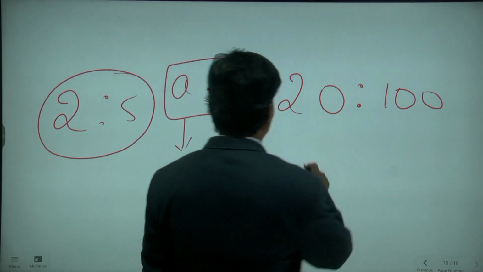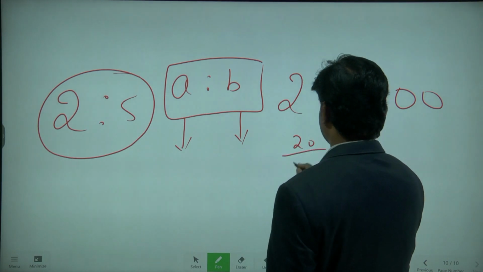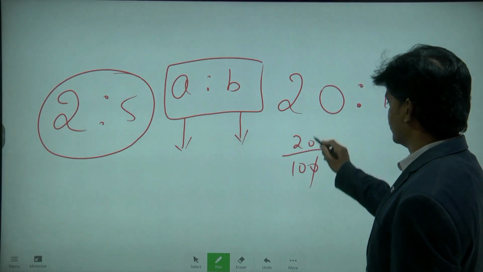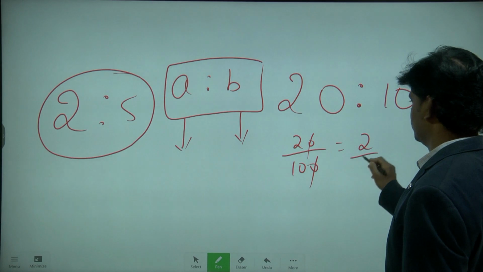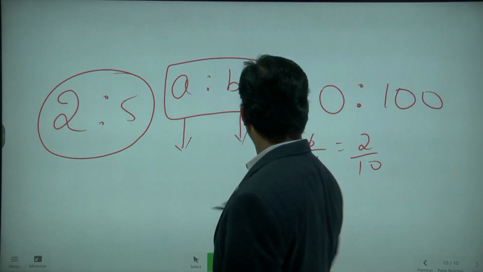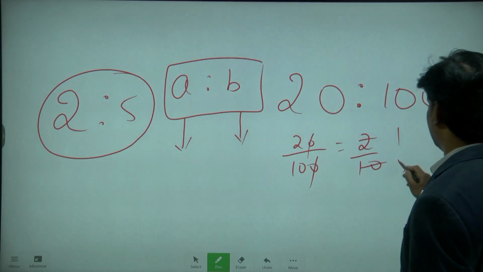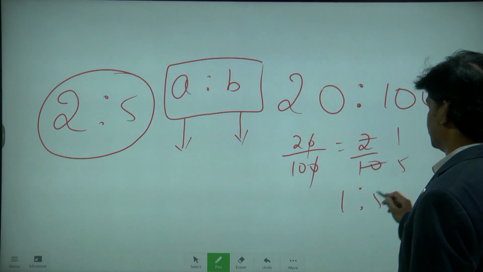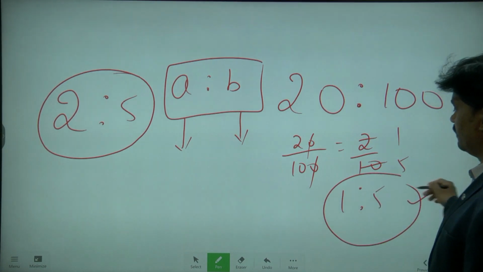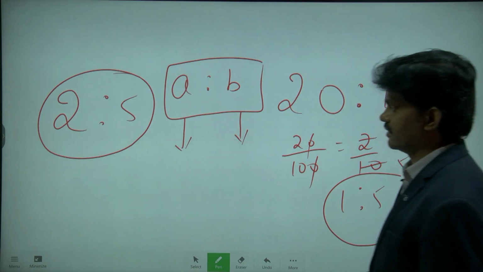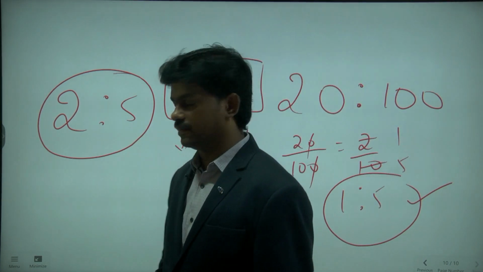We will write like this: 20 by 100. Let's take out 0 and 0. So here 1 times, 5 times, 1 is to 5. For 1 and 5 we don't have any common factor. Here also 2 and 5 we don't have any common factor.